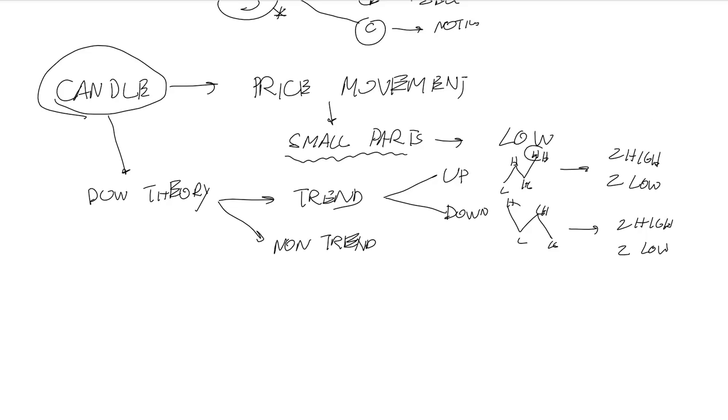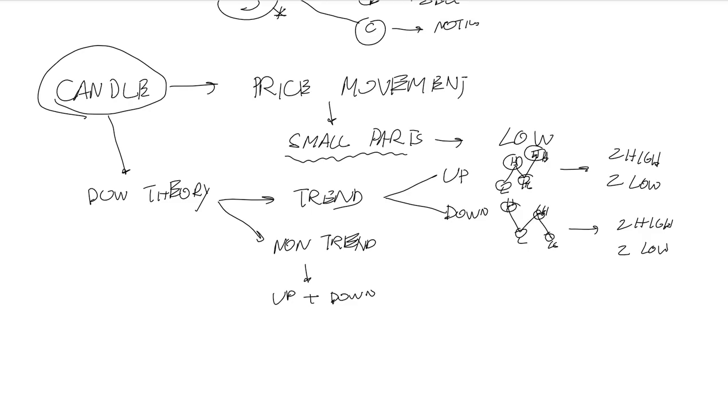Two highs means high and high compared together. Two lows means low and low compared together. Okay. Non-trend means any price movement that is not matching with uptrend or downtrend.